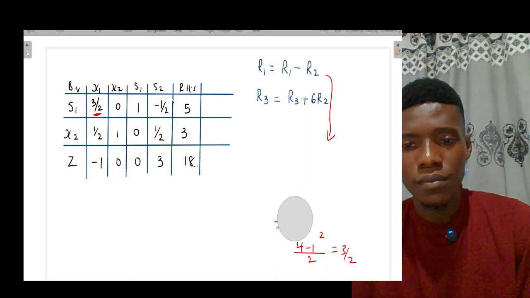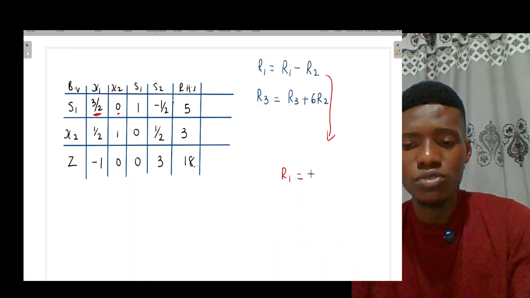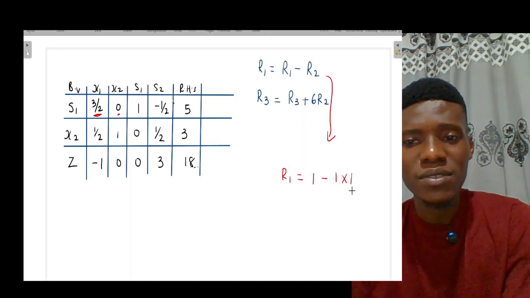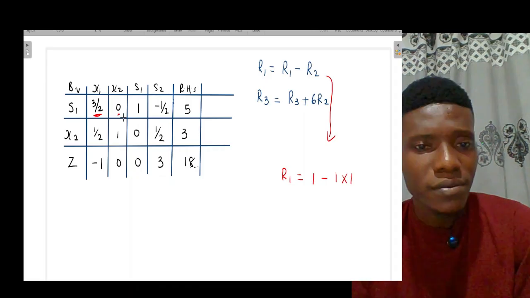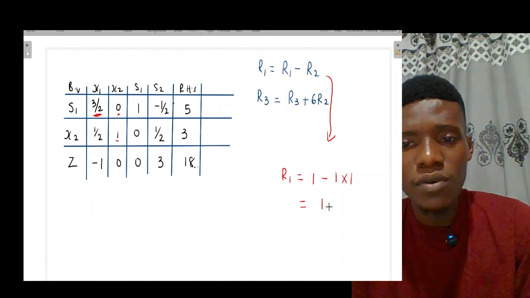If we want to do for this as well, don't forget we are still dealing with row 1. You say the new row 1 now is equal to the old row 1, for this is 1, 1 minus 1 times the new row 2, which is equal to 1. So this gives you 1 minus 1. And that's how they got this 0.